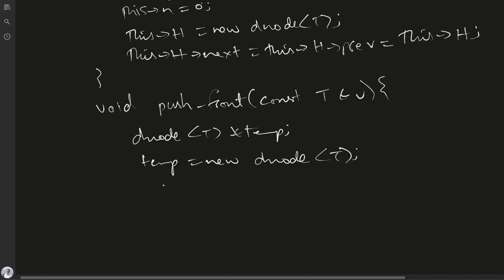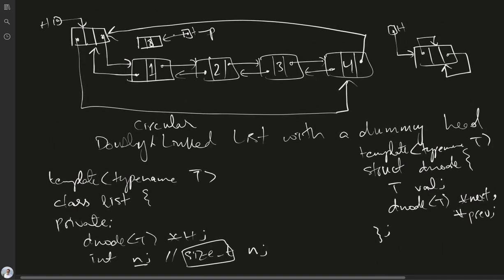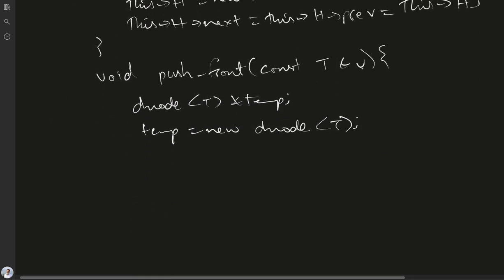And now we need to set the next and the previous pointers and also the value of the new memory. So let's say we want to store the value 8 here, which is passed as a parameter v. So we say temp.val is equal to v, right? So it stores the value, and then we need to set the next and the previous pointers.